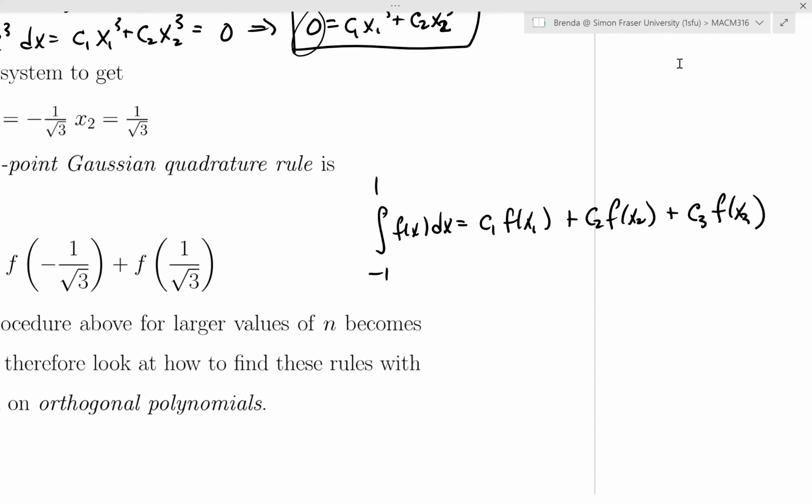I'll make it exact for those ones, and then I'll just use it for everything else. I have that degree of precision, 2n minus 1. Okay, here I would have 6 equations and 6 unknowns. Oh yeah, 6. X to the 5. What did I say? Accidentally? So this is degrees of freedom.